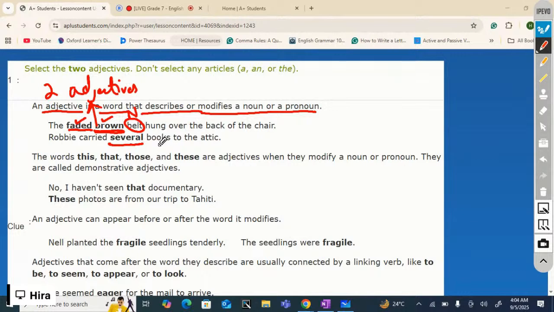So how many books did he carry to the attic? Several. So several again is an adjective which answers the question how many. This adjective several is describing or modifying the noun books.